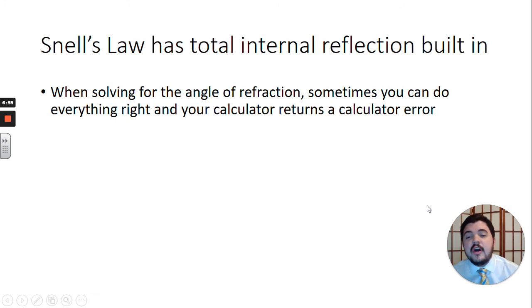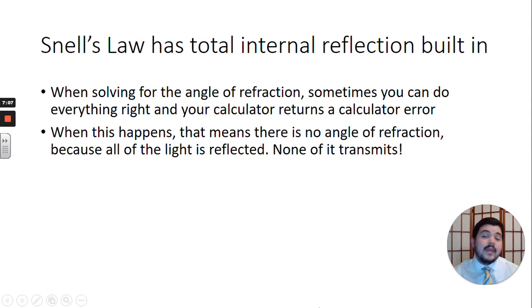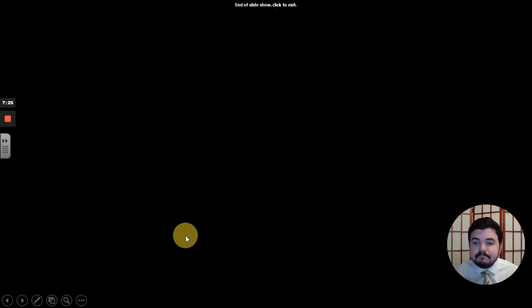Sometimes when solving Snell's law for the angle of refraction, you do everything right and your calculator says, no way, that's not going to work. When this happens, that means there is no angle of refraction. All of the light is reflected, none of it transmits. The calculator error is due to the fact that you're trying to find the sine of an angle which is greater than 1, and we all know that sine can't be greater than 1.